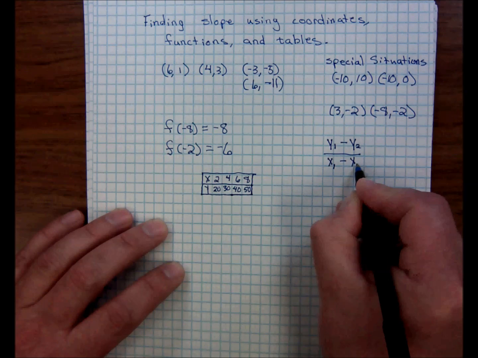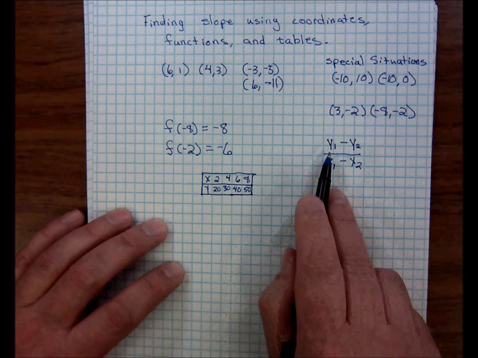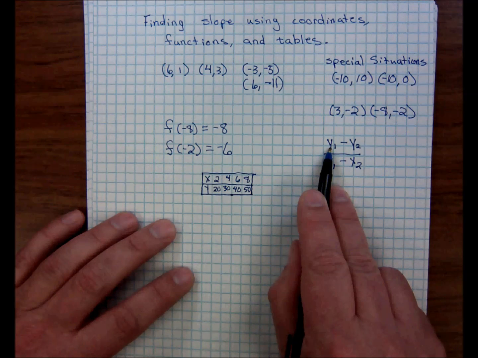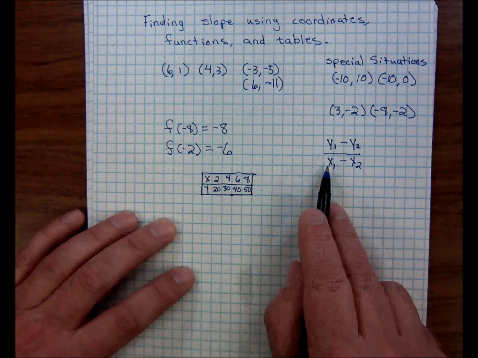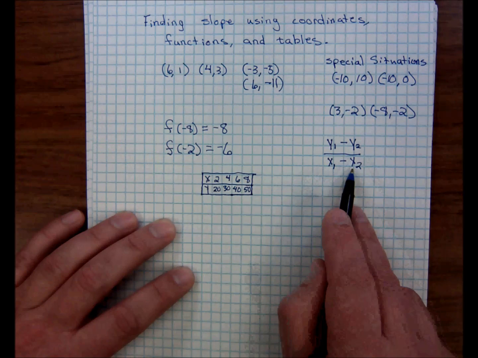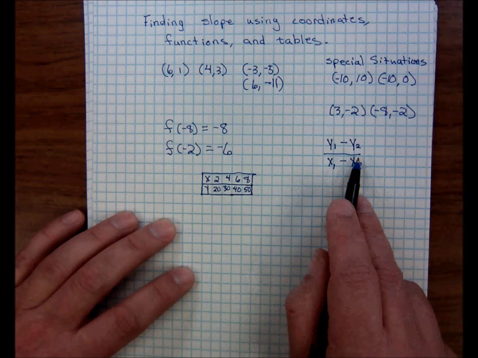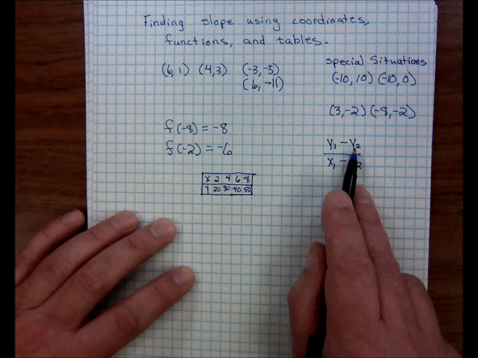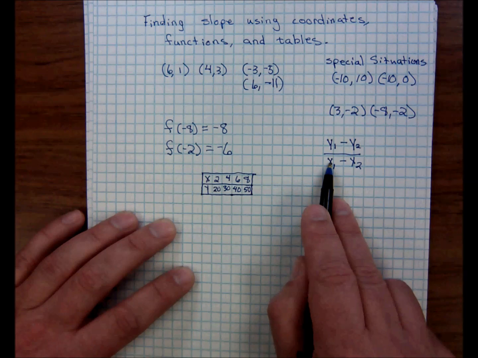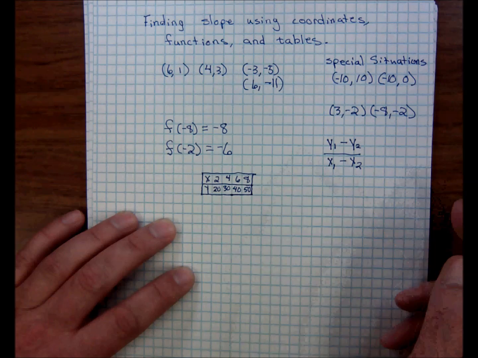When we do this, we need to make sure that we take the y from one coordinate and the x from that exact coordinate in the same order. Technically, it does not matter which; we can interchange all of these and we will still get the same slope. So in our first example, we have these 2 coordinates.